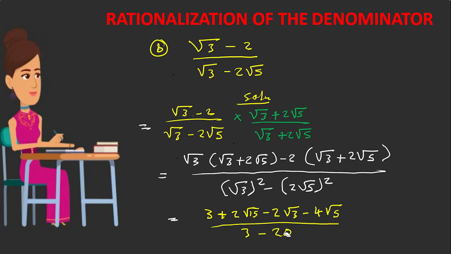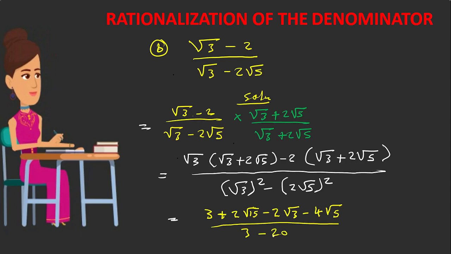Actually let me just rewrite everything so that people will be able to follow. So what is up there, there are no like terms, and what is down there, you can simply work it out.